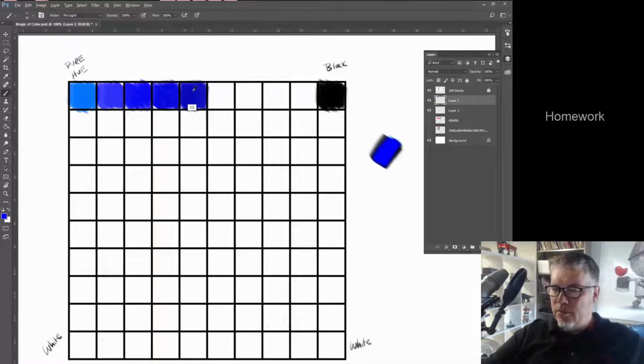Now I'm going to take this middle color, and again, if you're working in paint, you can't just select it like I did. You've got to mix it up again and try to match that paint color, right? So you match that, and then you go the other way with black, and you put a little bit of black in there. And that didn't work. Why didn't that work? There we go, because I didn't select it.